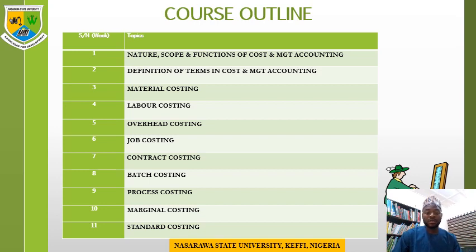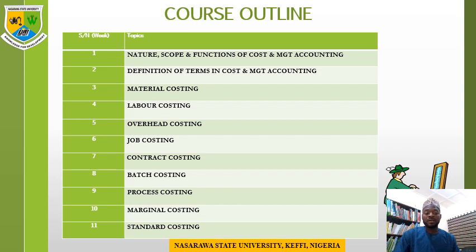Week 3, there will be material costing. Week 4, labor costing. Week 5, we will discuss overhead costing. Week 6, it's going to be job costing. And week 7, contract costing. Week 8 is batch costing. Week 9, process costing. Week 10, marginal costing. And we'll round up with standard costing in week 11.